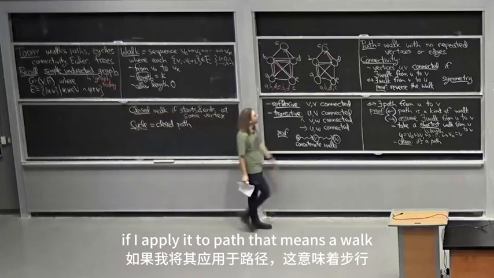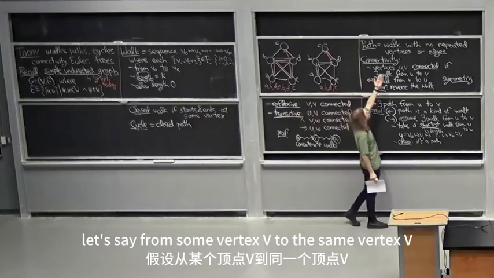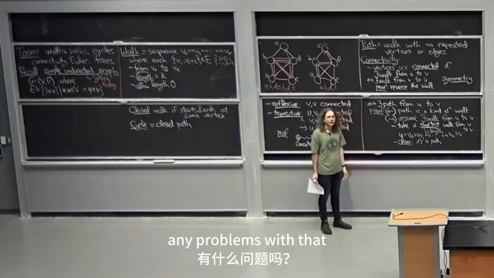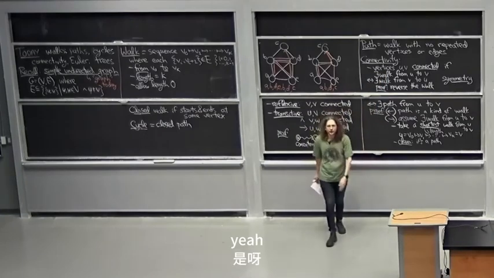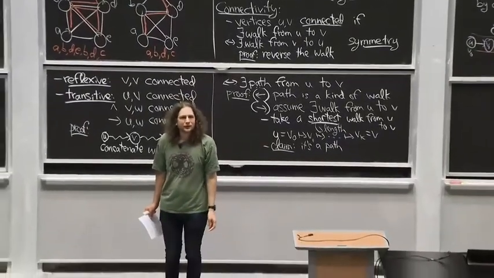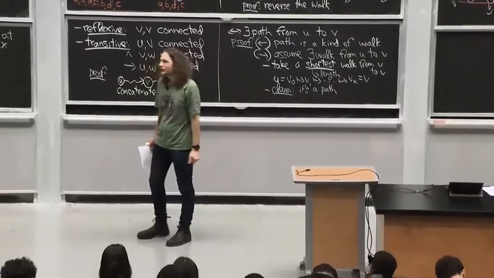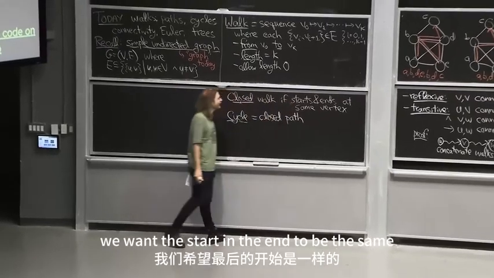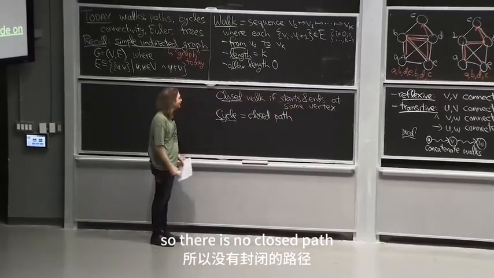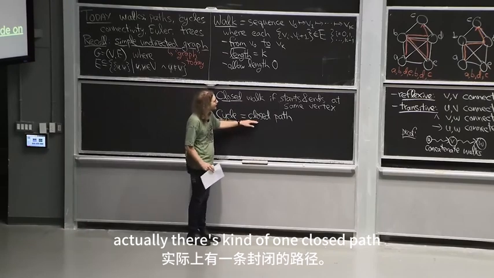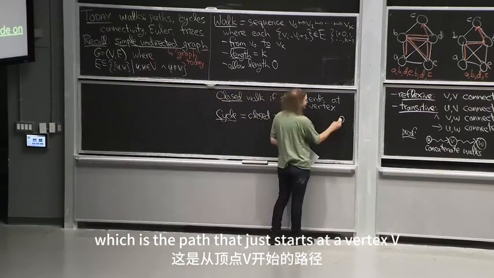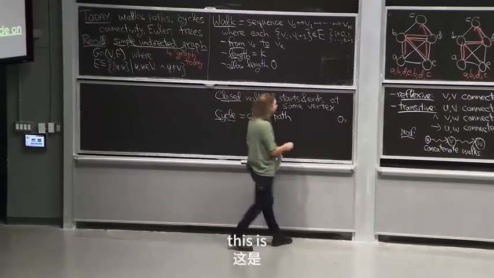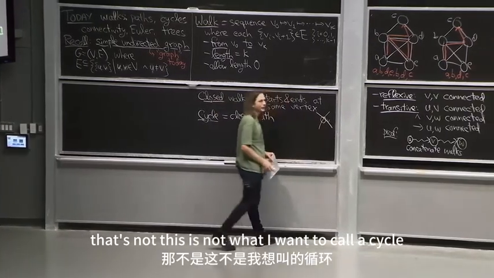If I apply it to path, that means a walk from some vertex v to the same vertex v with no repeated vertices or edges. Any problems with that? Right, the one you start with is going to be repeated, because that's what we wanted. We want the start and the end to be the same. So there is no closed path. Actually, there's kind of one closed path, which is the path that just starts at a vertex v and doesn't go anywhere. That I also want to exclude. This is not what I want to call a cycle.